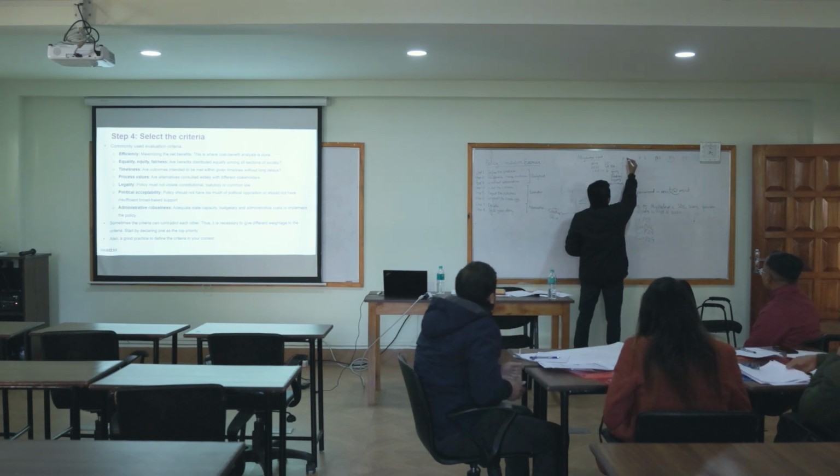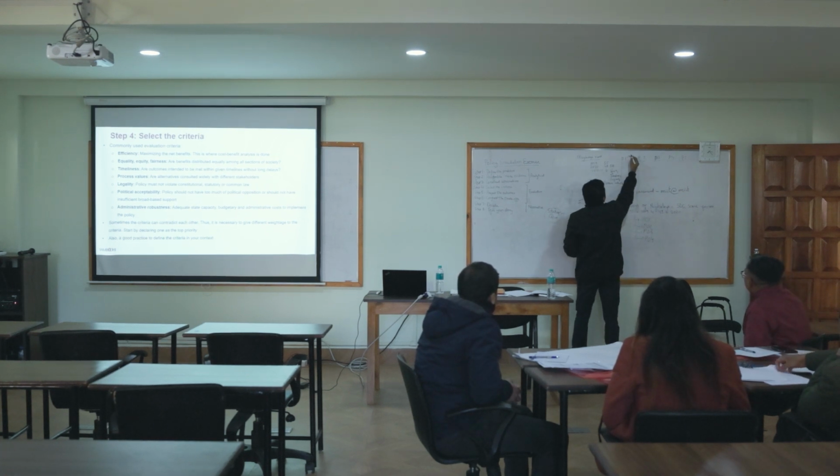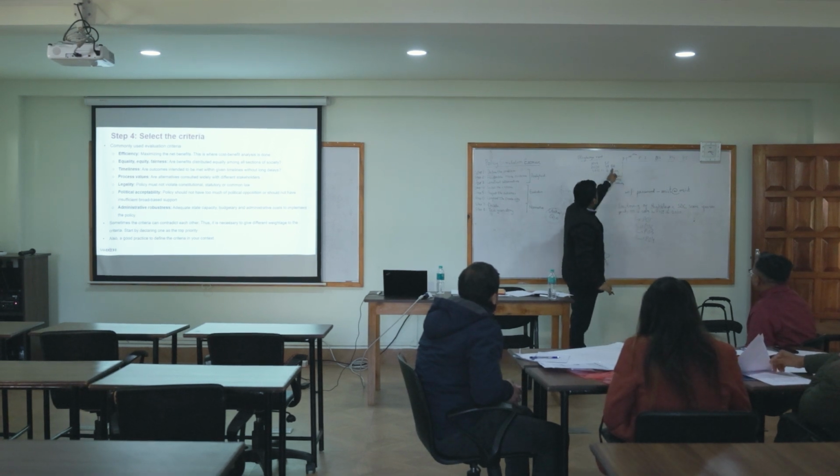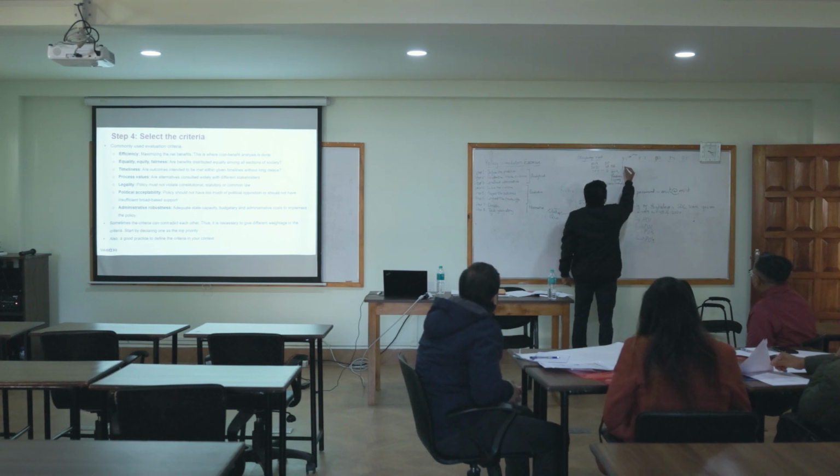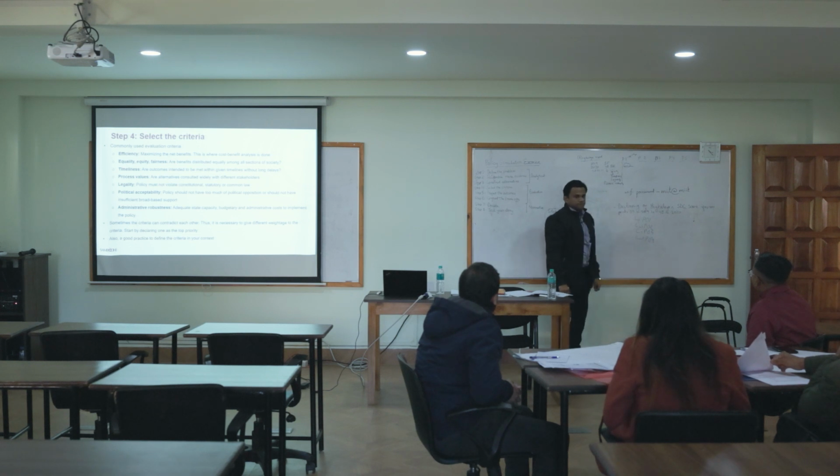Policy option 1 is your status quo, whatever the Meghalaya government is implementing right now. In terms of efficiency, you need to find out how many students will be covered.